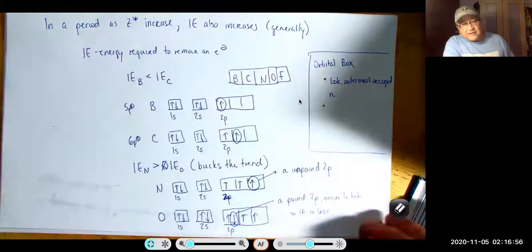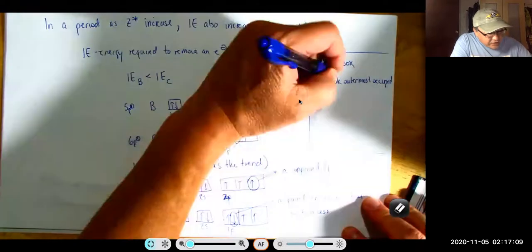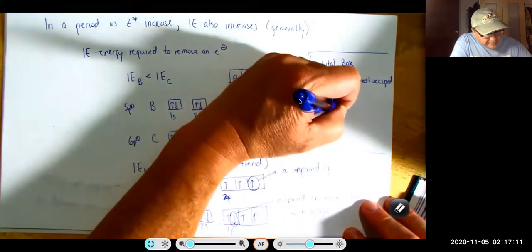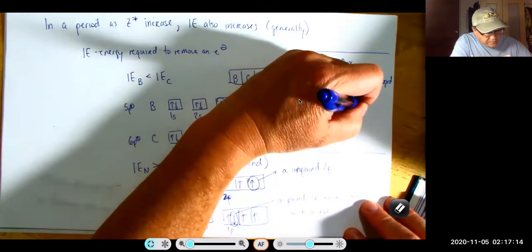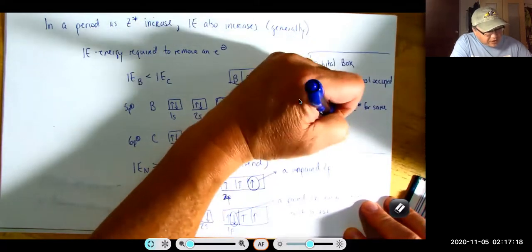If they're different, that's going to be the reason for the trend. But you don't say, hey, it's just because they have a different outermost occupied shell. You say, well, hey, this electron is farther from the nucleus, it's easier to take. Next thing you look at is Z star for the same outermost occupied shell.